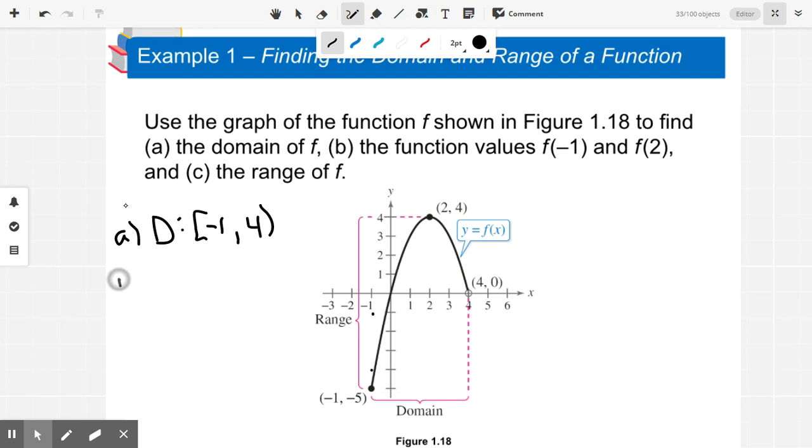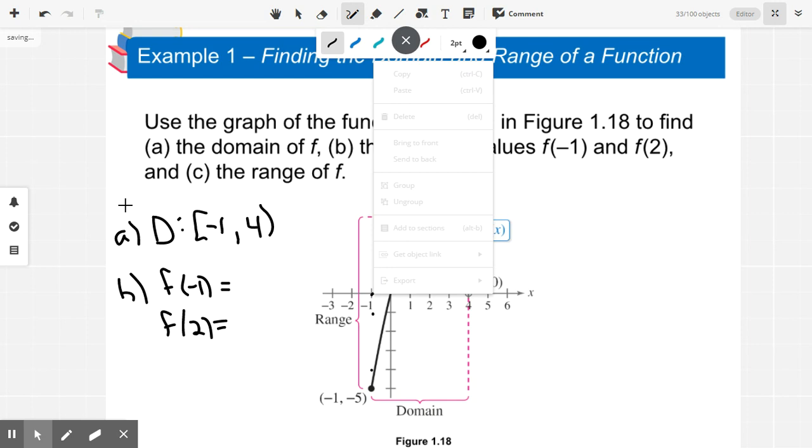All right, so the function values, f of -1 and f of 2. Since we don't have an equation, we have to look at the graph. Remember, this is f of x, so this is my x value of -1. So where is x equals -1? Well, right here is -1 on the x-axis.